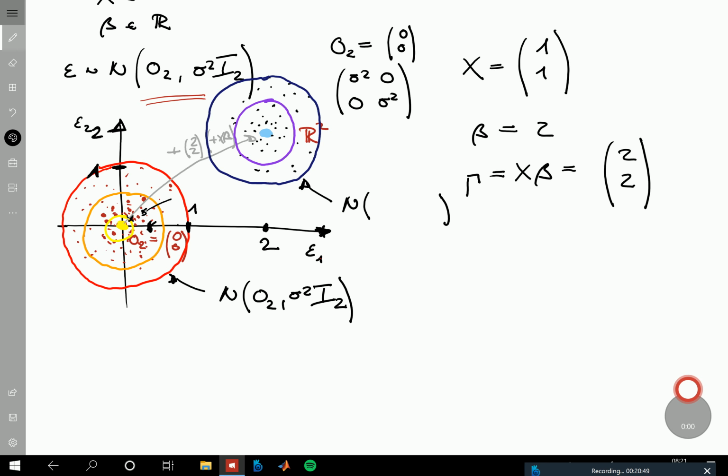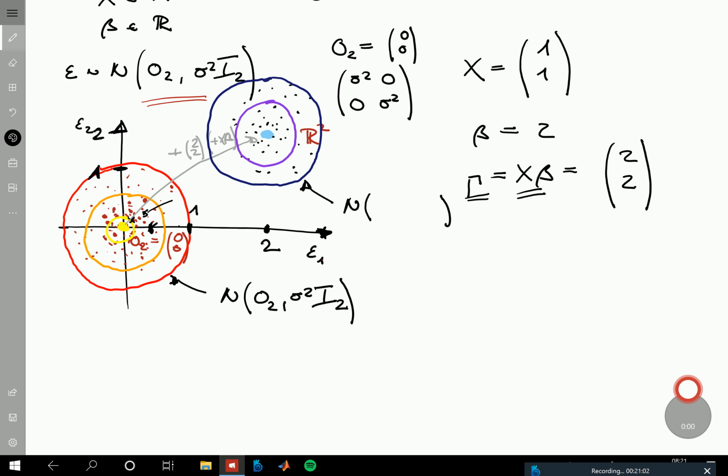Mu, and more specifically in this case? Yes, mu is X beta, so 2, 2. We could put 2, 2, we can also put mu, and we can also put X beta. It's all the same thing in the current example. Of course, we will be mainly interested in X beta, where you always need to keep in mind that X beta is a vector.